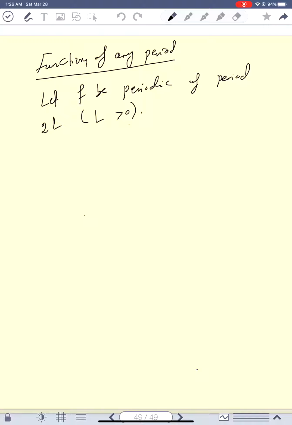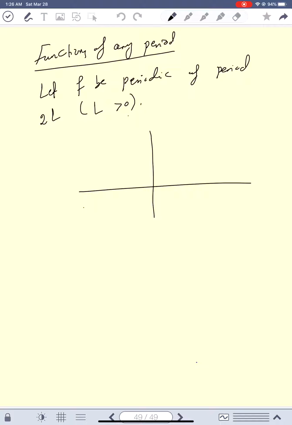So now what we want to look at is a function that repeats itself every 2l, and usually our basic block is minus l to l. So imagine you have a function like this, for example, and then this function repeats, copy paste, you know, the idea, and so on.